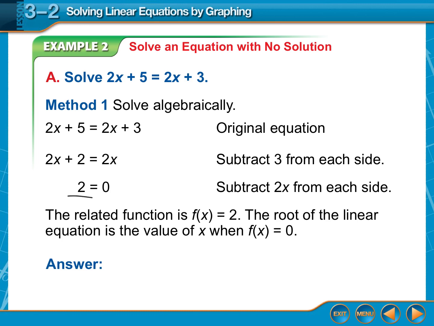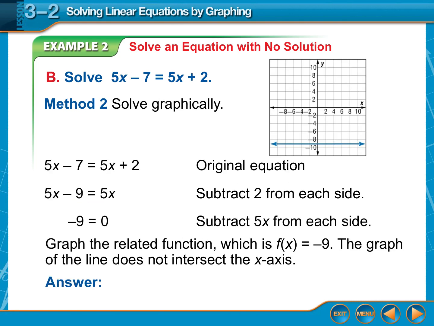Here, what happens if we get to this point? Right, we normally would say no solution. Where would this one be? If I had a graph here, x or y? X. Yep, it would be right here. Here, we also have no solution.